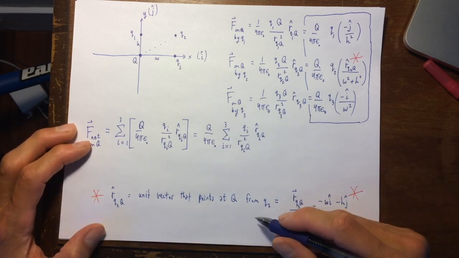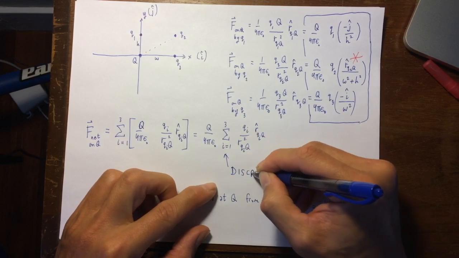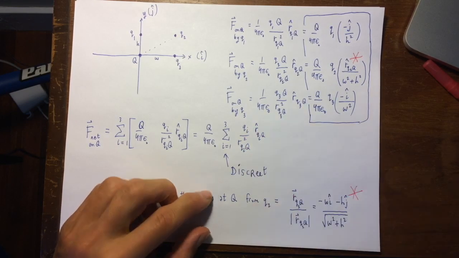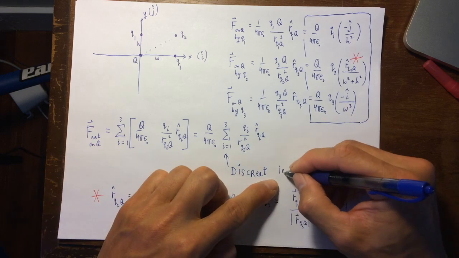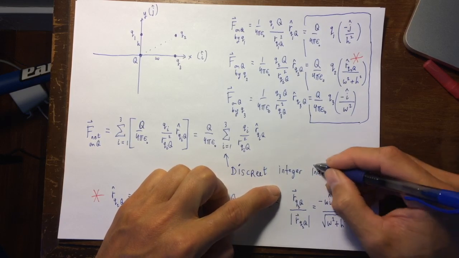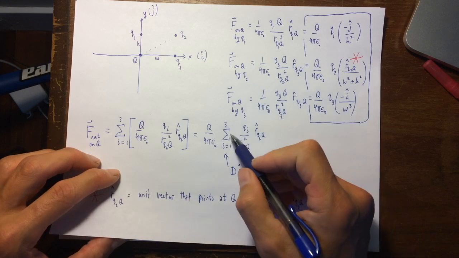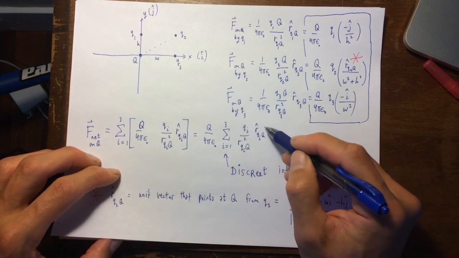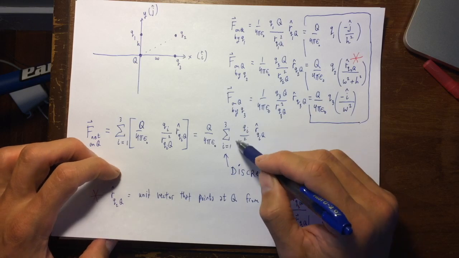Okay. This was discrete, right? So discrete means integer index. That's what that means. So we are adding together things that are individually vectors already that don't necessarily point in common directions.